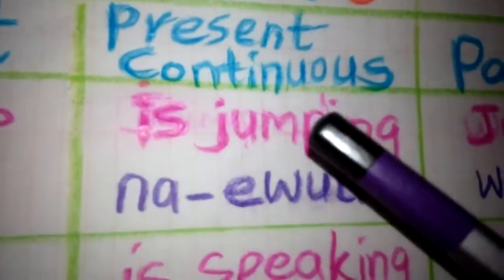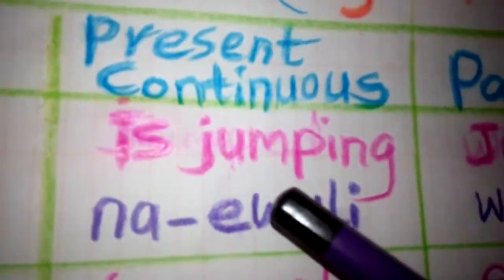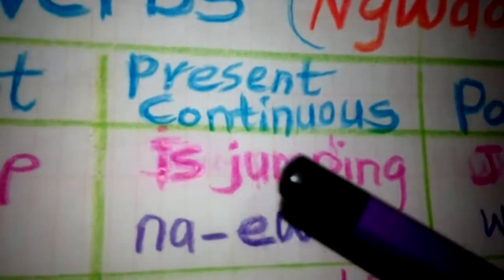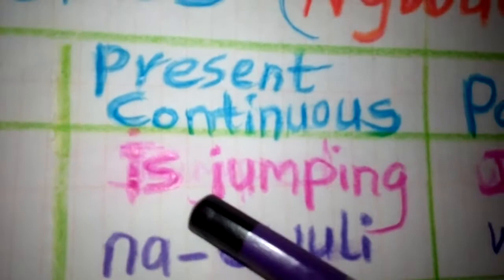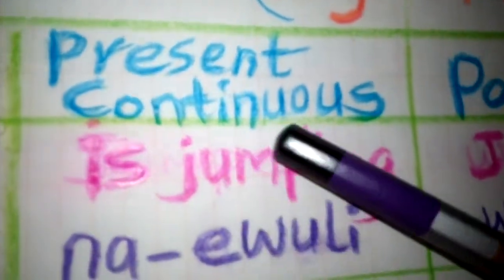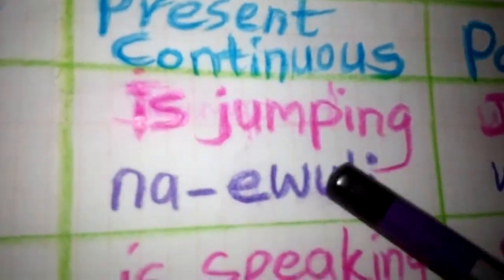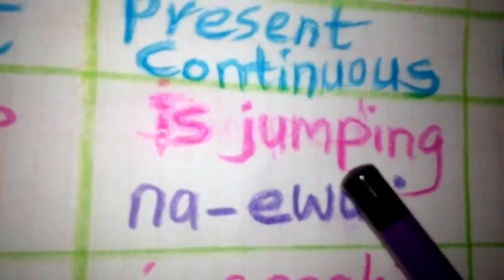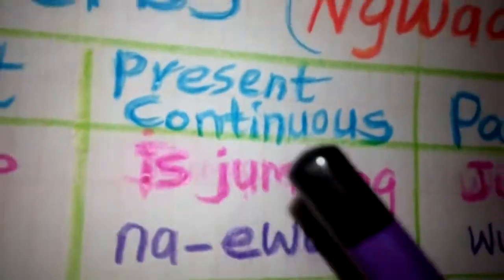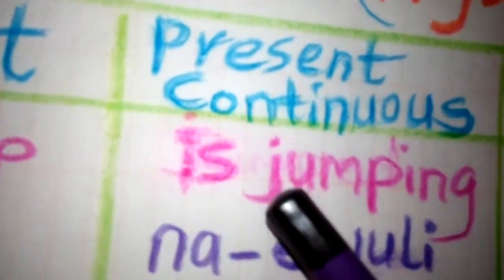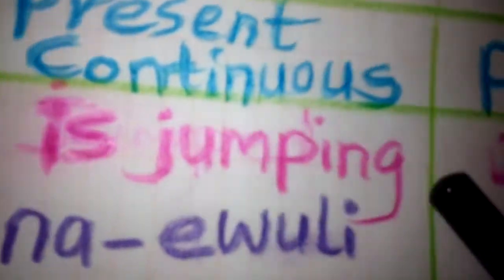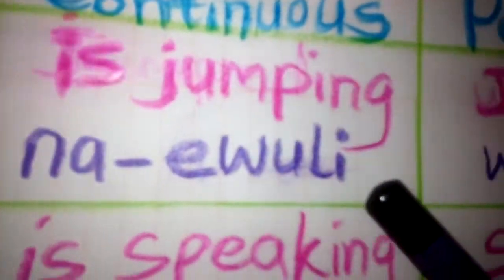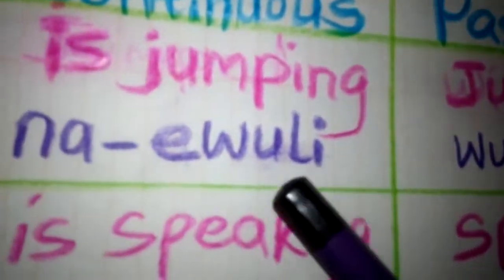You are continually doing it at present, at the immediate time we are talking about. So it's jumping. Ngozi or Daniel is jumping. Daniel na awuli.